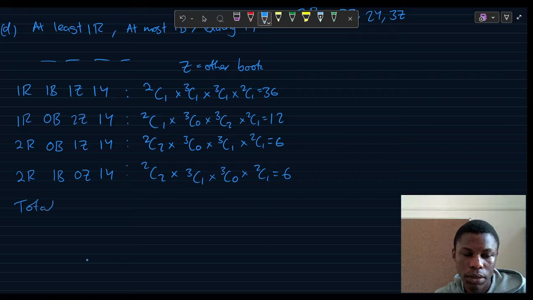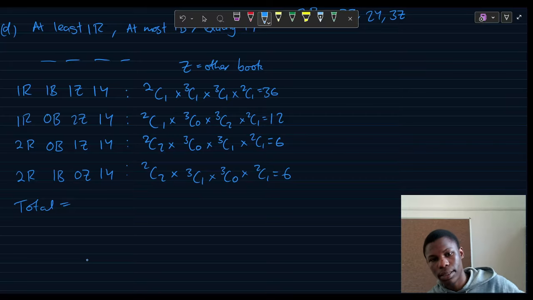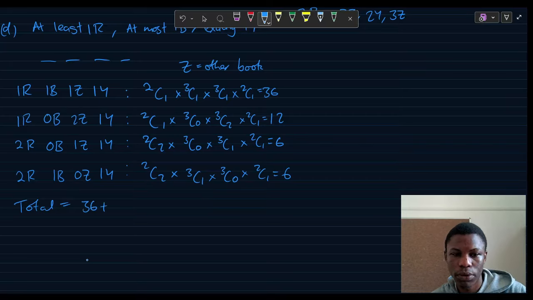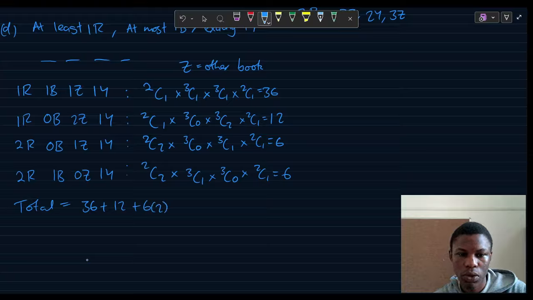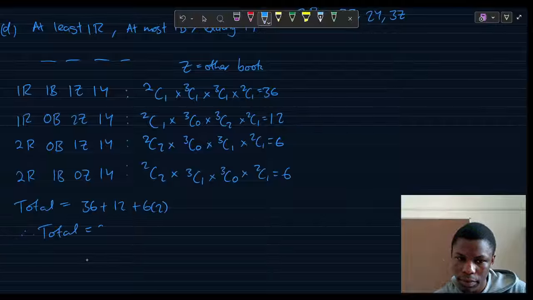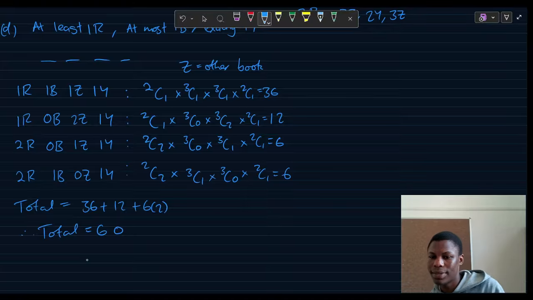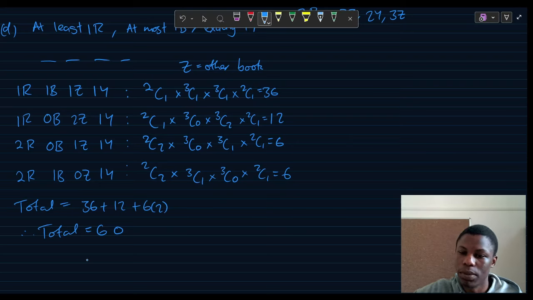So the total is 36 plus 12 plus 6 times 2. So 12 plus 12, 24, plus 36, that is 60. Those are all the different selections if the 4 books include at least 1 red book, at most 1 blue book, and exactly 1 yellow book. And that is the paper as well.